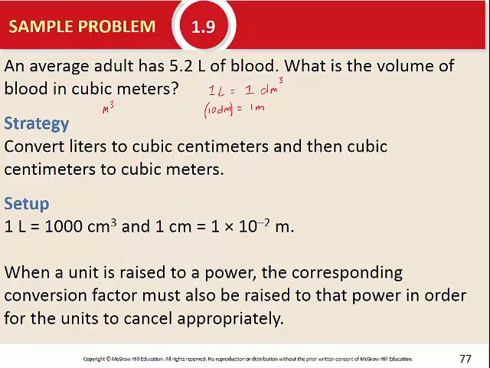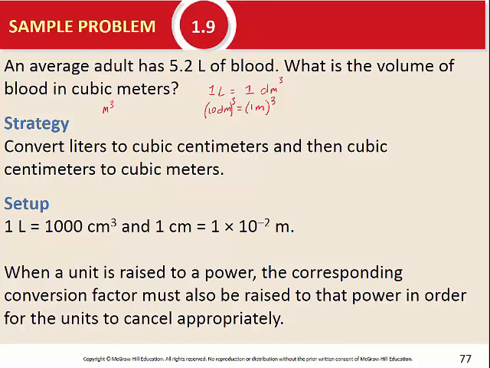Remember, beginning of algebra, anything you do to one side, you must do unto the other. So if I cube one side, I'm going to have to cube the other side. Now the cube gets distributed to everything on that side. So 10 gets cubed, and so does decimeter.